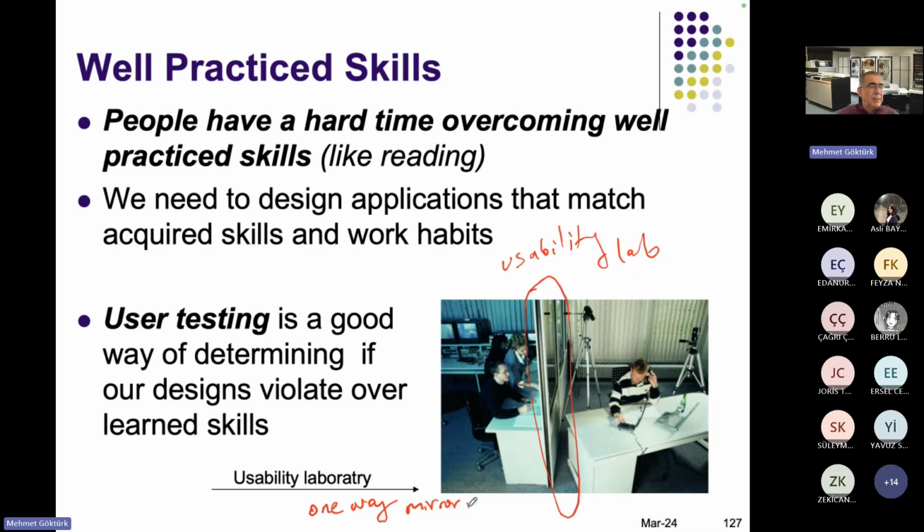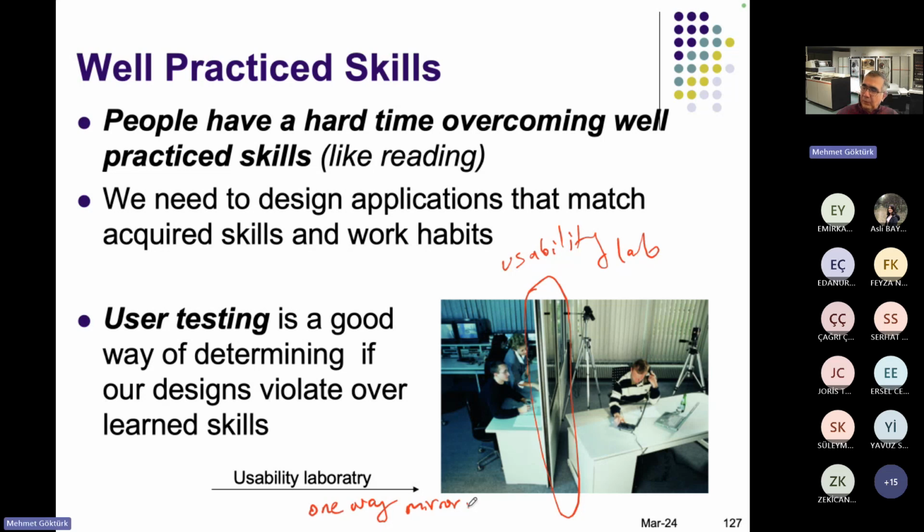But today, due to the advance of high-quality and inexpensive camera systems, we basically use two rooms, and many usability labs do not care about mirrors unless it is extremely professional.